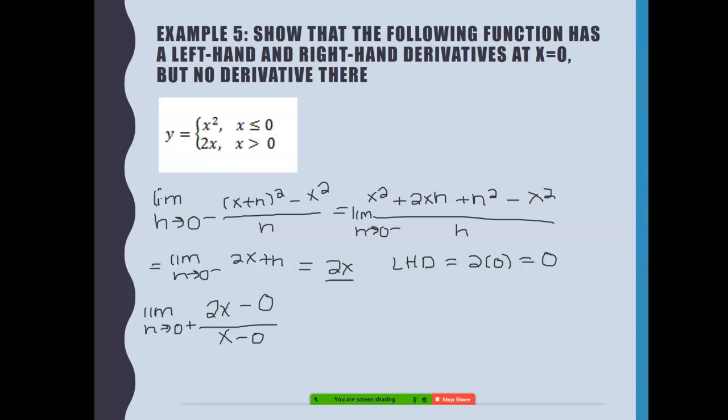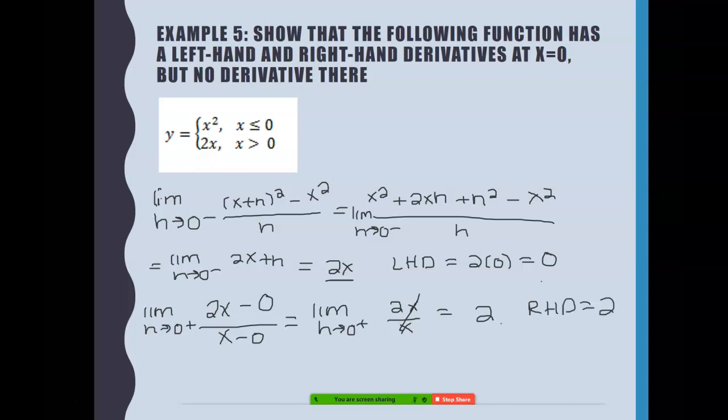And then we see that we get the limit as h approaches 0 from the right to be 2x over x. So the x's cancel, and we see that that slope is 2. So does 0 equal 2? No. So the right-hand derivative is equal to 2.